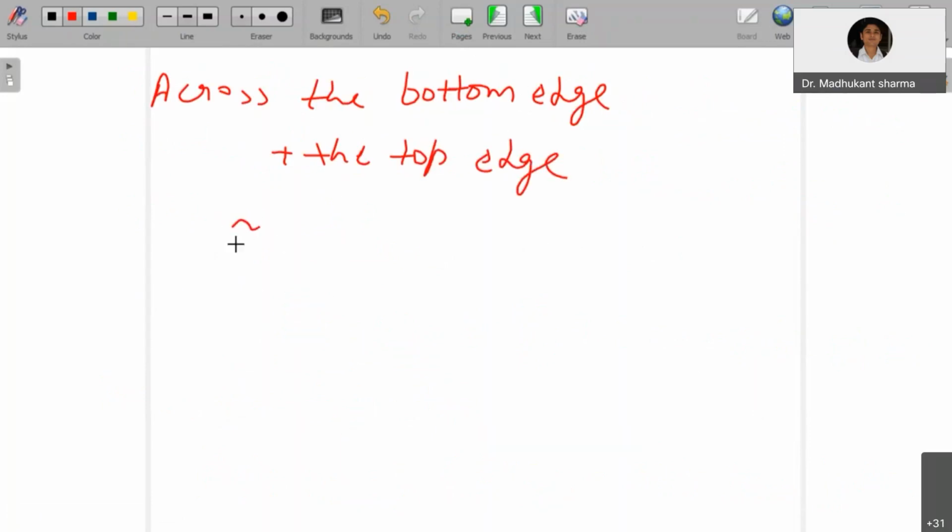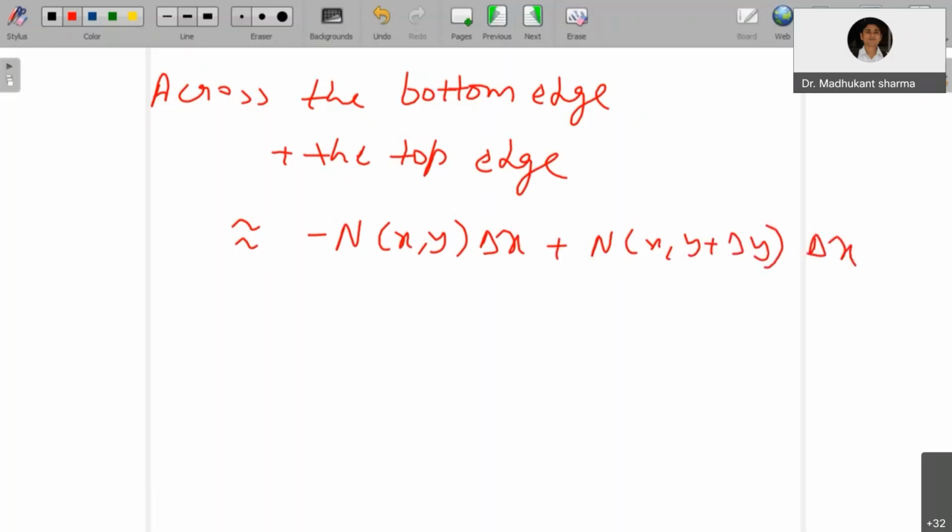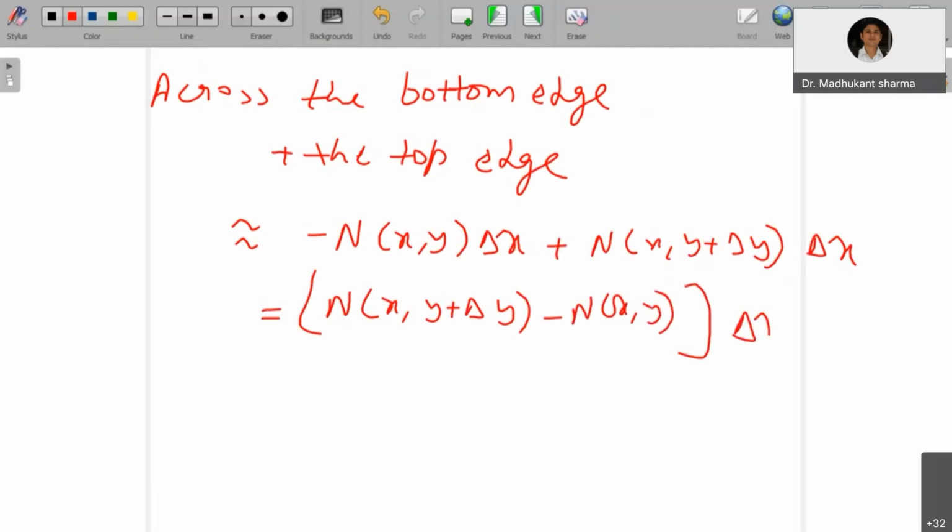what it will be approximately is: the first one was minus n of x comma y delta x. The second one was plus n of x comma y plus delta y delta x. Now this delta x is common, and you have n of x comma y plus delta y minus n of x comma y, delta x.